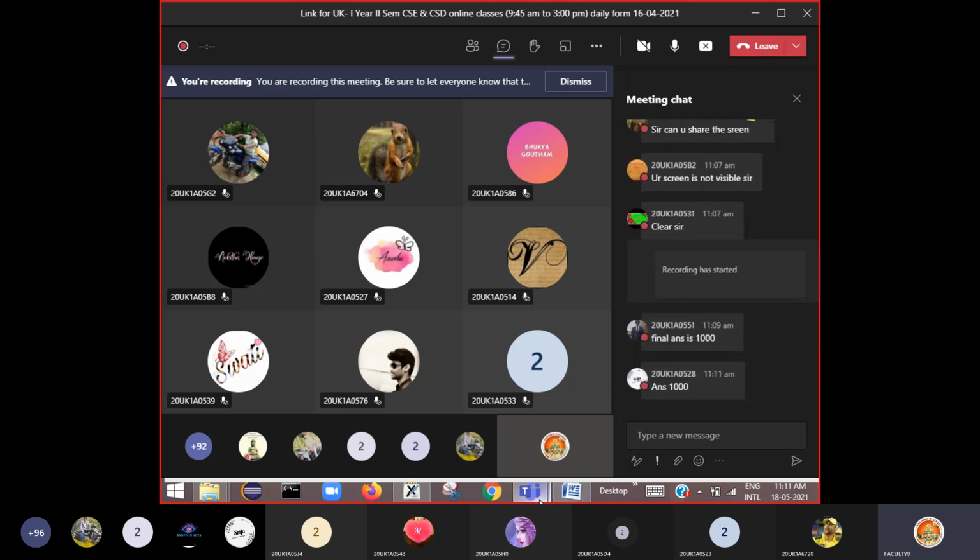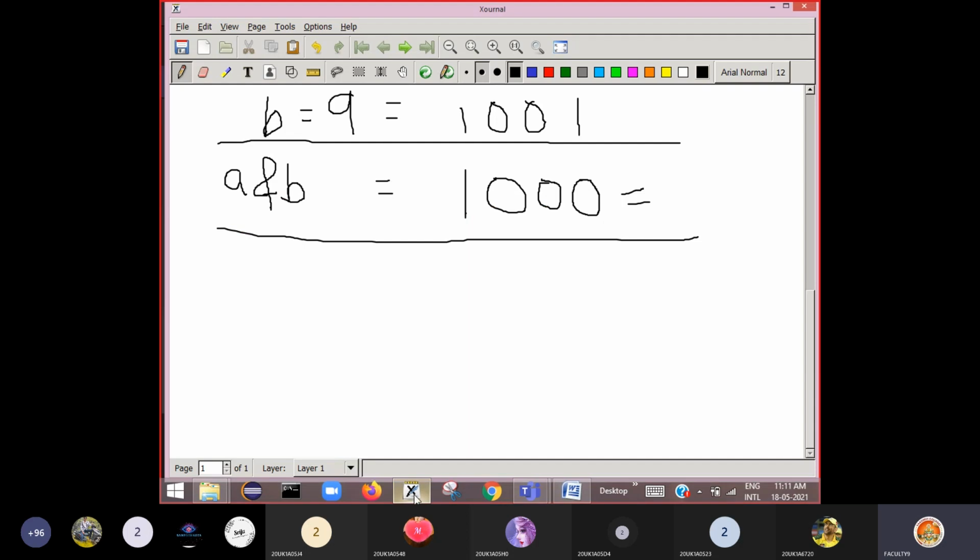Now the point here is you should express this, which is in binary form, as a decimal form. So to convert this binary number into decimal form, what we need to do is multiply each digit with the powers of 2.